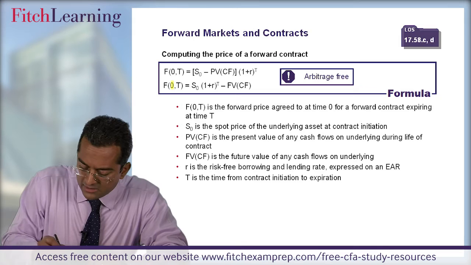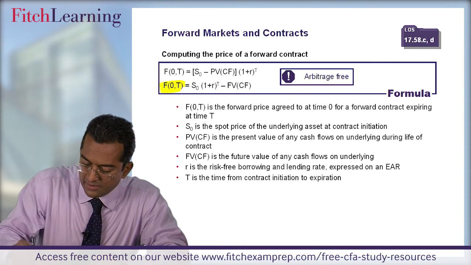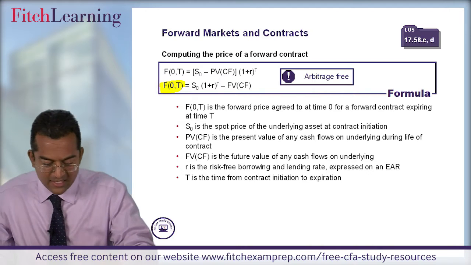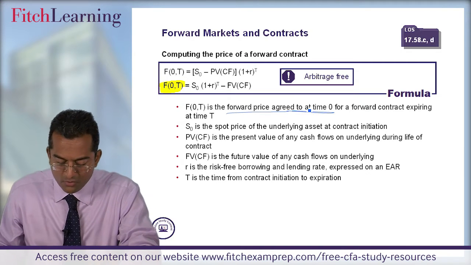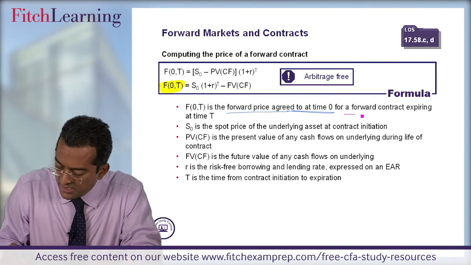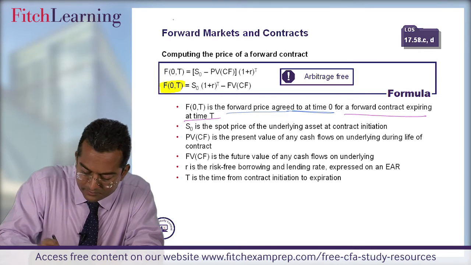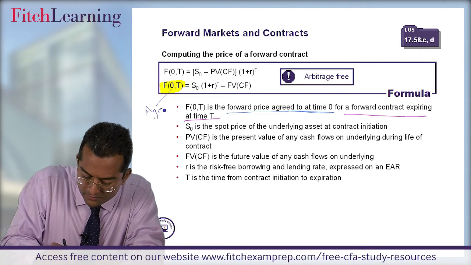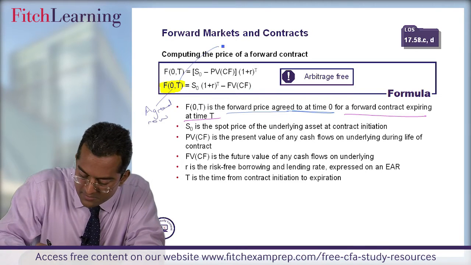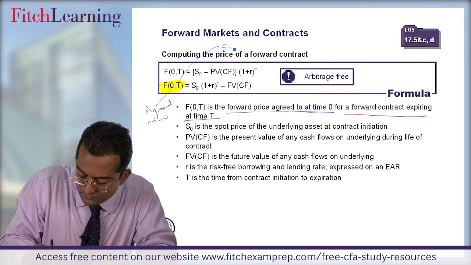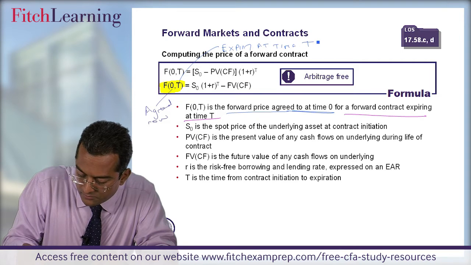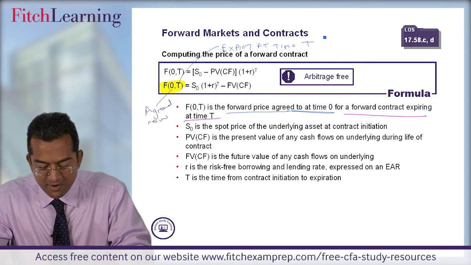And so we see that the forward price, now it's written, guys, the forward price today, set today, so the forward price agreed at time naught, so F naught, for a forward contract expiring at time T. So essentially agreed now, expiring at time T, of course, the actual expiry date.